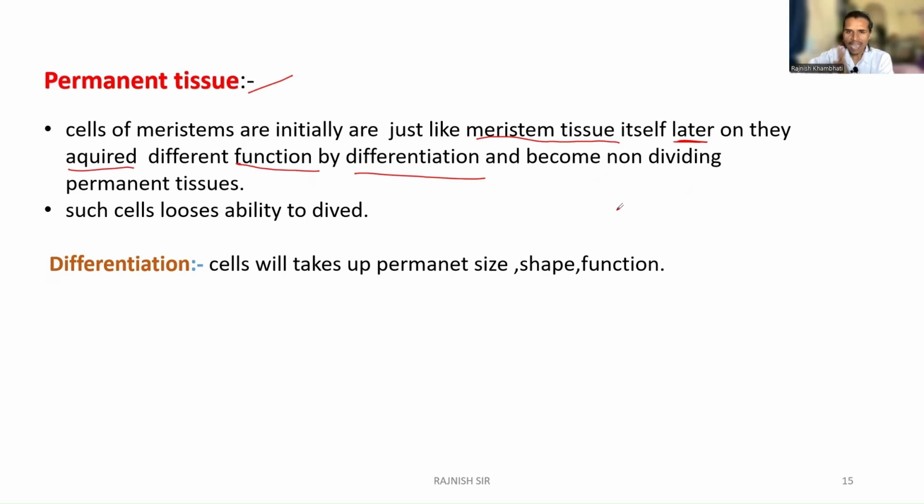Let me again explain this. Like this is the meristematic tissue. These meristematic tissues are like meristem, means they can do cell division. These cells are growing and undergo cell division.